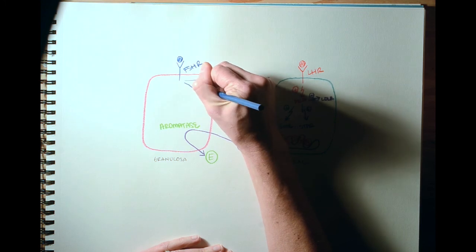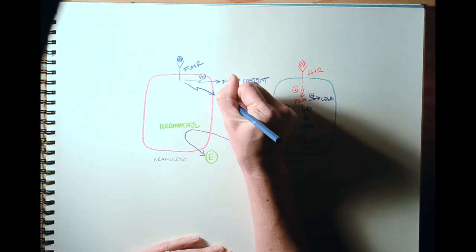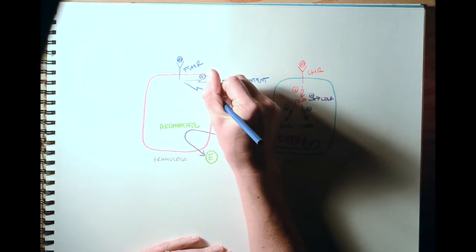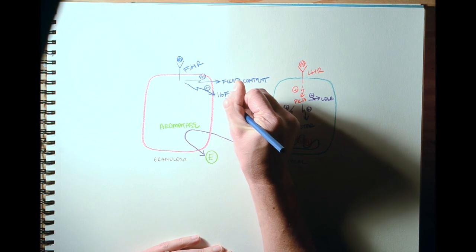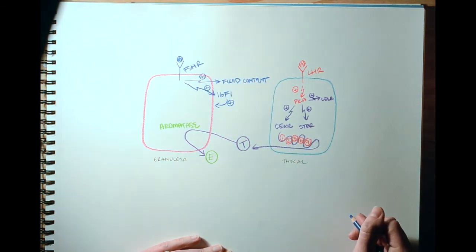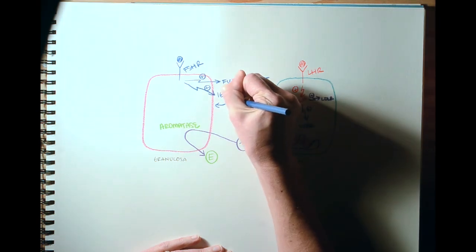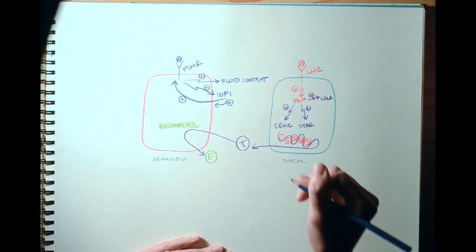Two, it's going to increase the expression of a protein that we've talked about in the past. That's IGF-1. IGF-1 increases a couple of things. It increases the proliferation of the granulosa cell. It increases the expression of the FSH receptor.